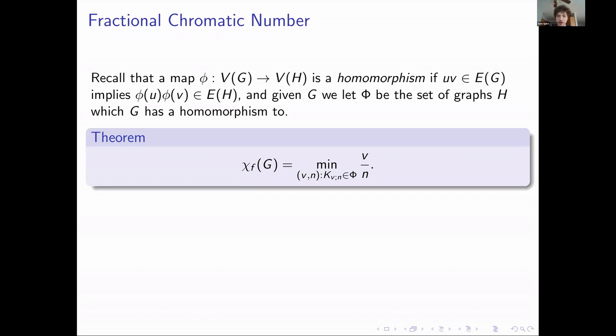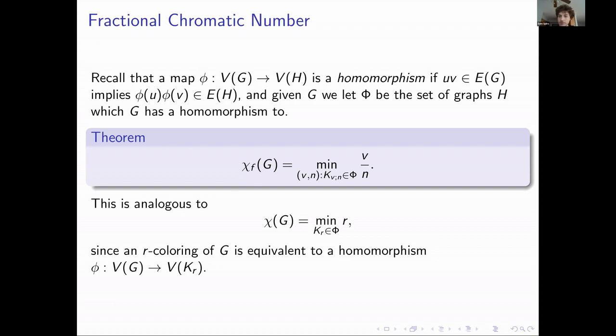Perhaps one way you can think about this is going back to the usual chromatic number, where it's not too difficult to show that the chromatic number of a graph is the smallest r such that your graph has a homomorphism to K_r. That's because a proper r-coloring of your graph is the same as a homomorphism to K_r. You just take the r colors, map each of them to a distinct vertex of K_r, and the properness condition is equivalent to saying that edges map to edges of K_r.